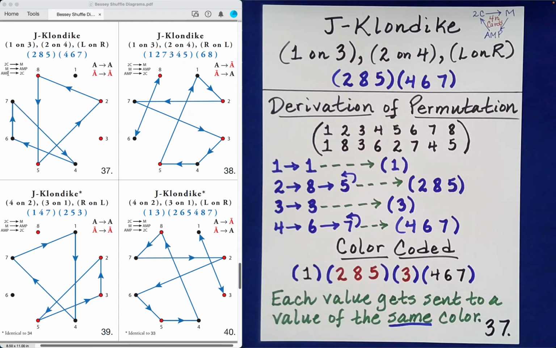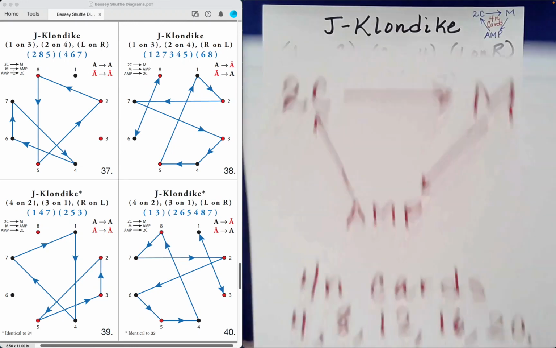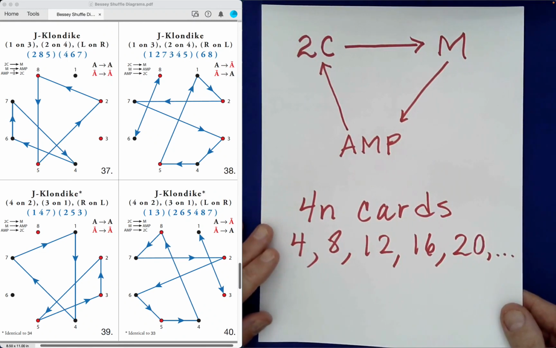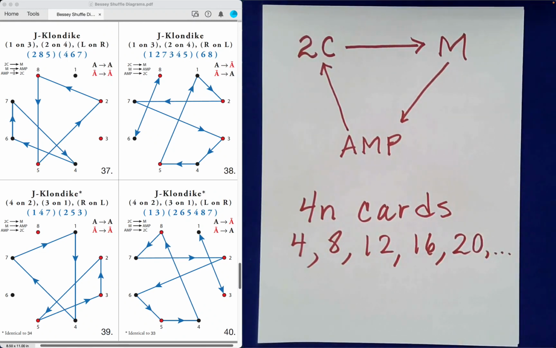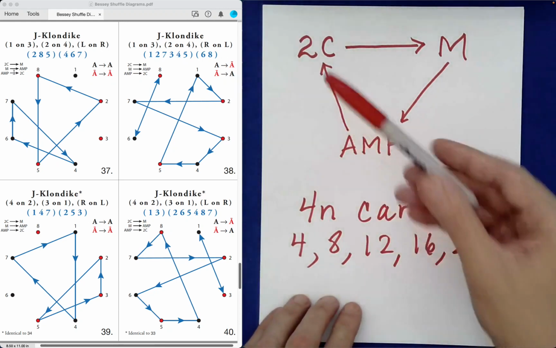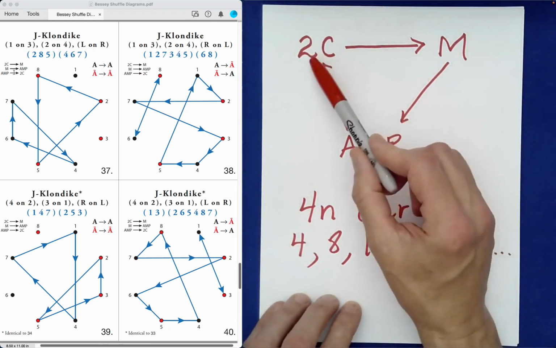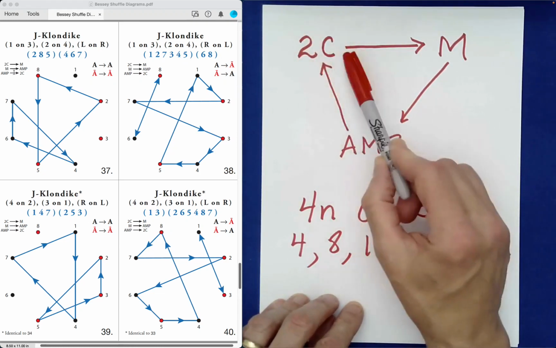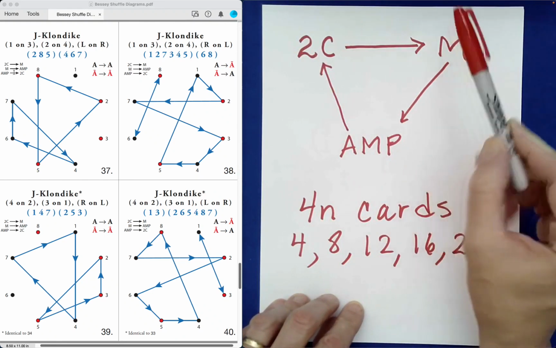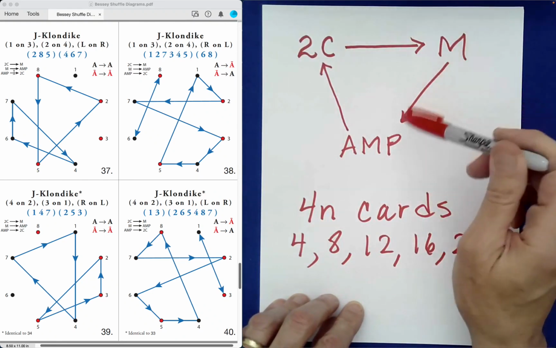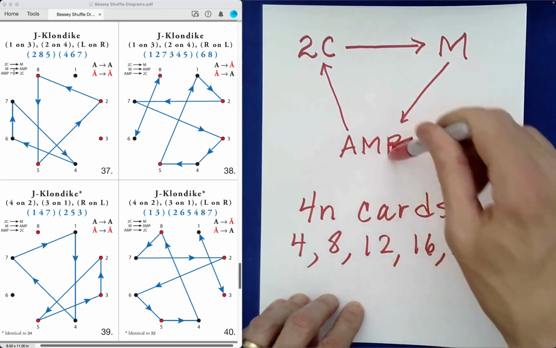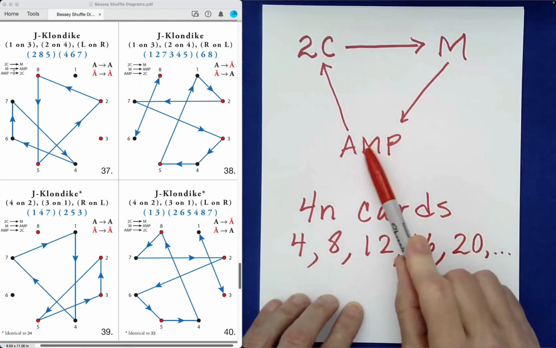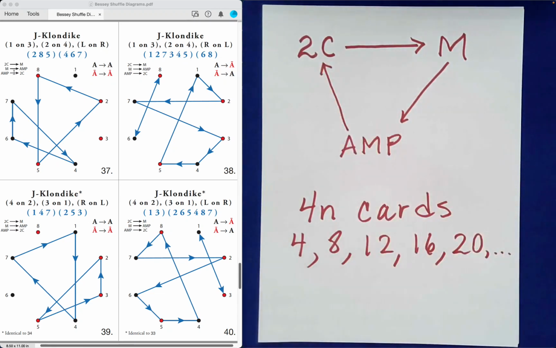I also have a note on each of the shuffles for today that these shuffles are special among shuffle permutations in that the shuffle we have just shown you will go from a 2-cycle structure in the study of hidden structures to a mirrored structure, and then it will also take a mirrored structure to an AMP structure, and then it will take this structure type back to a 2-cycle structure.